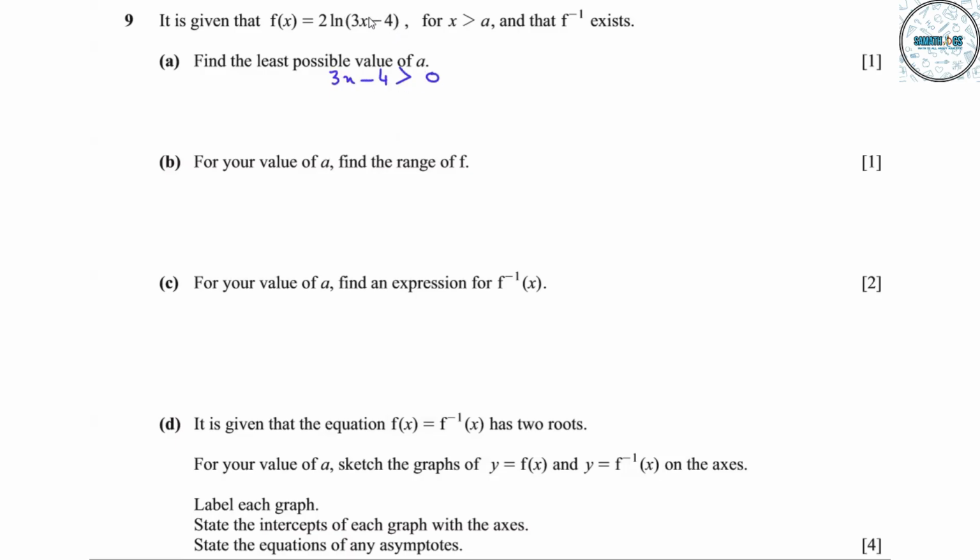This cannot be negative. This will always be positive. So we can write here 3x minus 4 greater than 0. Then when we simplify it, we will get 3x is greater than 4. So x is greater than 4 upon 3. The least value of a is 4 upon 3.